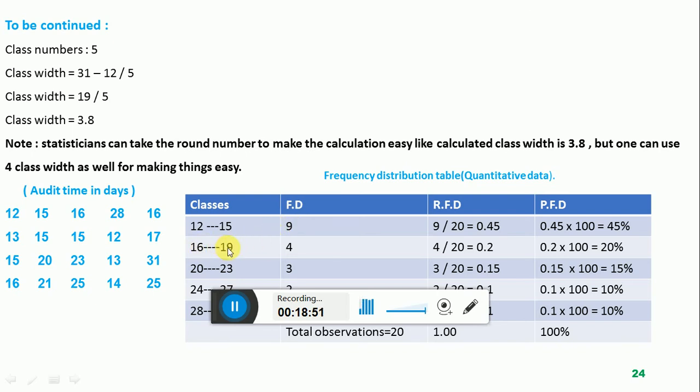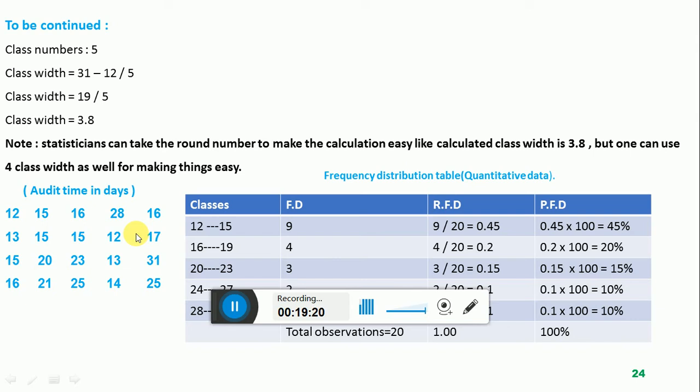Now the frequency of the second class, that is 16 to 19. Again we will go to the raw data set and count all those data items which are greater than or equal to 16 in value and less than or equal to 19 in value. So we have 16, 16, 16 and 17.